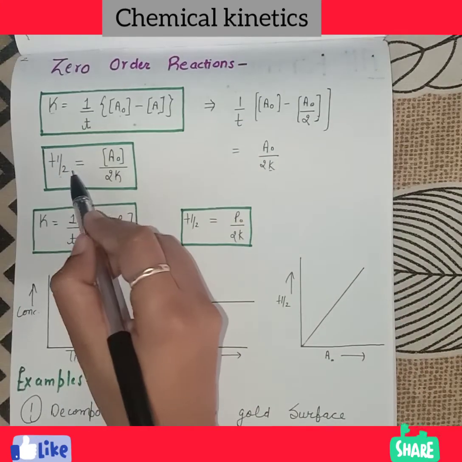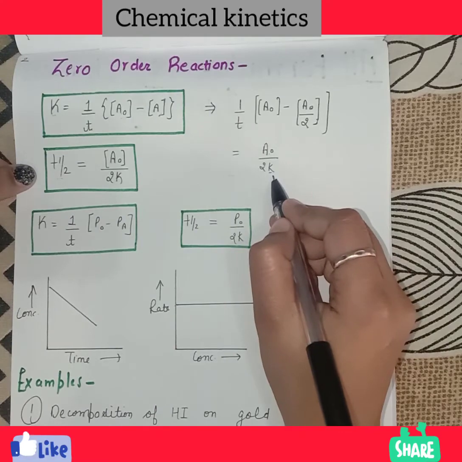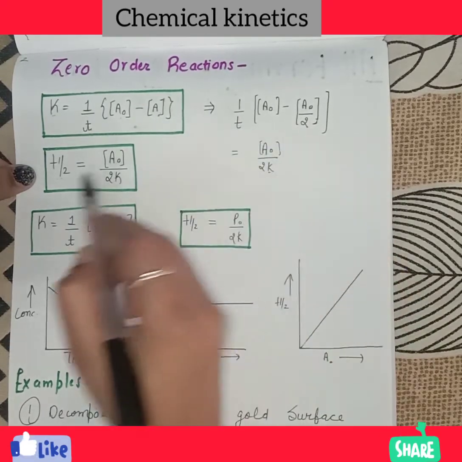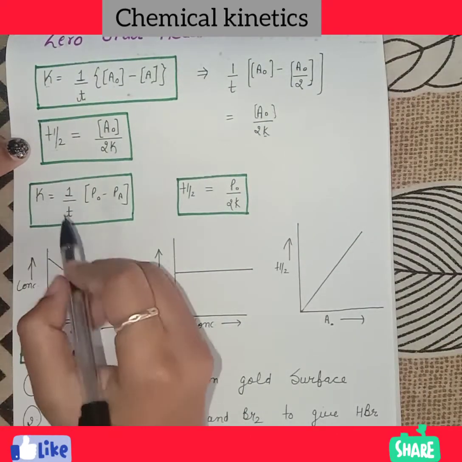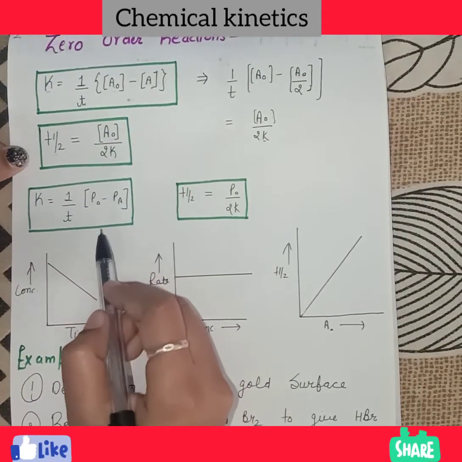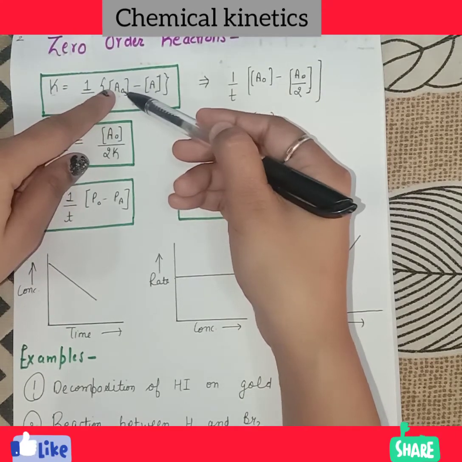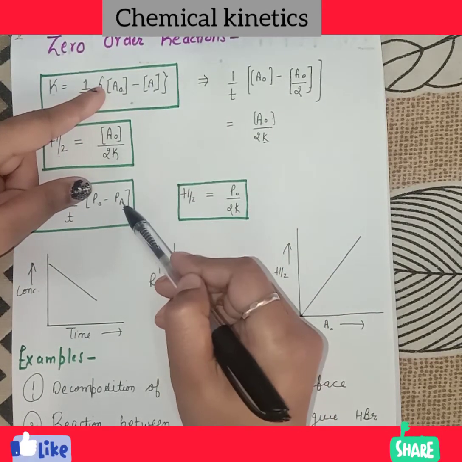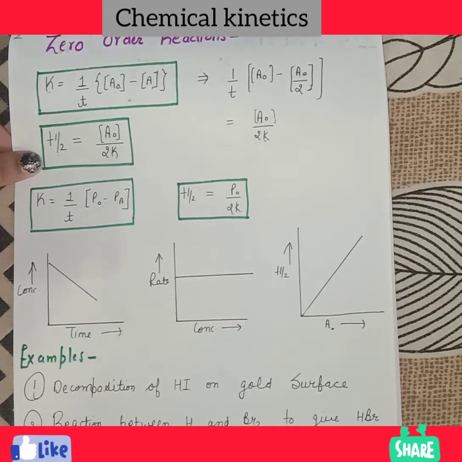So this is the half-life period for zero order reaction, a naught upon 2k. Half-life is directly proportional to concentration of reactant. In terms of pressure, simply the formula is this one, but here is concentration, here is pressure, P naught minus PA, and half-life is P naught upon 2k.